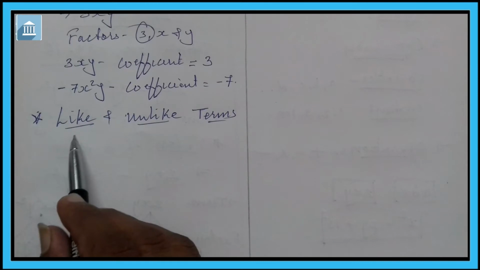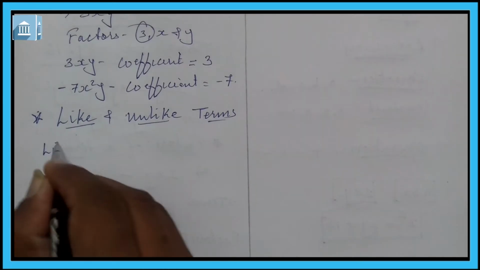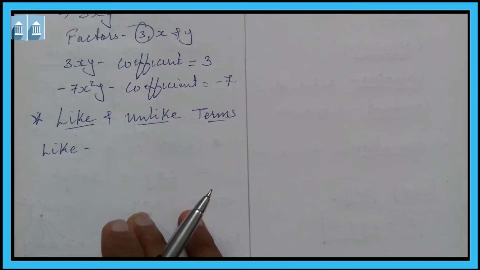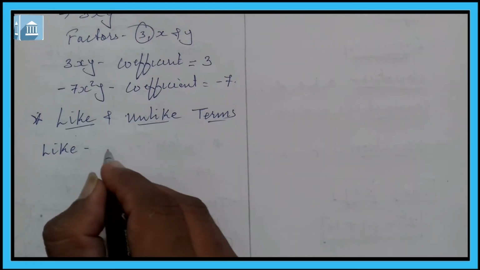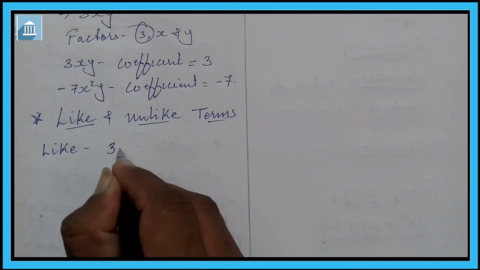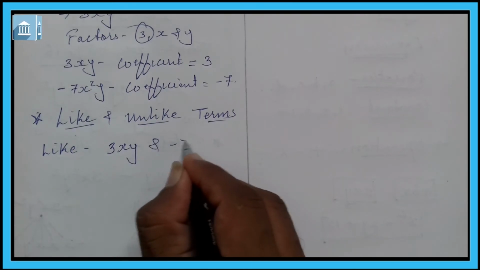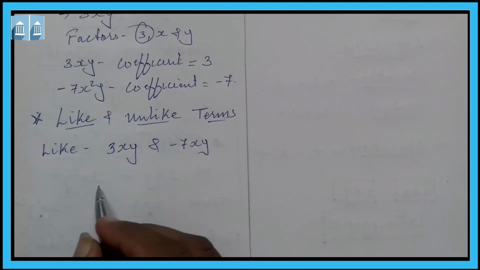Now let us see like and unlike terms. What are like terms and what are unlike terms? Let us begin with like terms. Like terms means those terms whose variables are the same. For example, 3xy and minus 7xy.